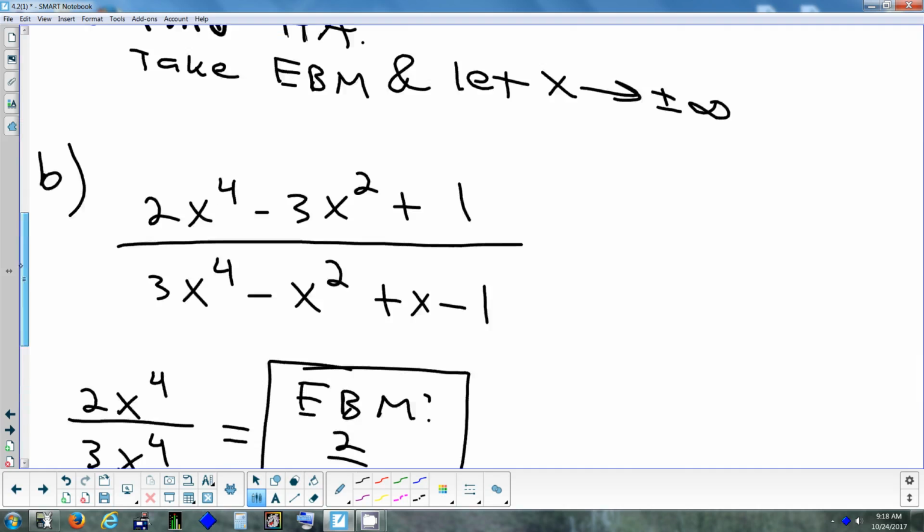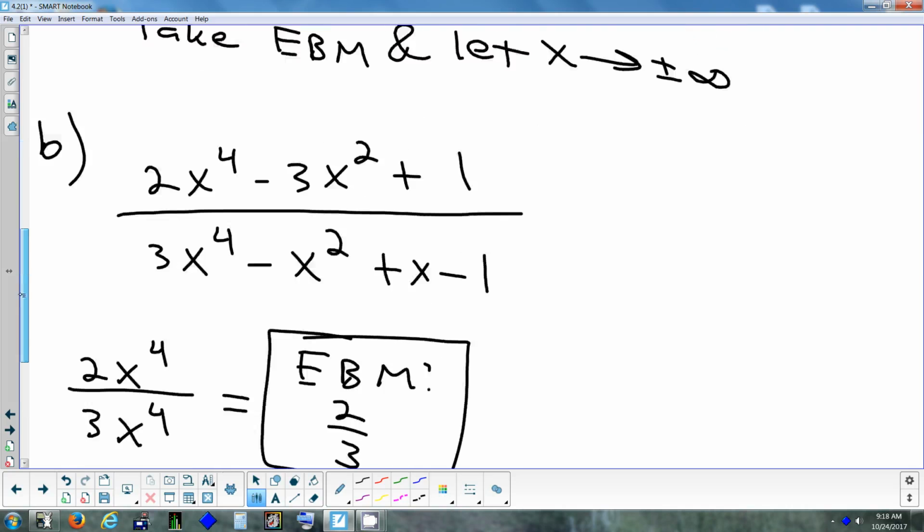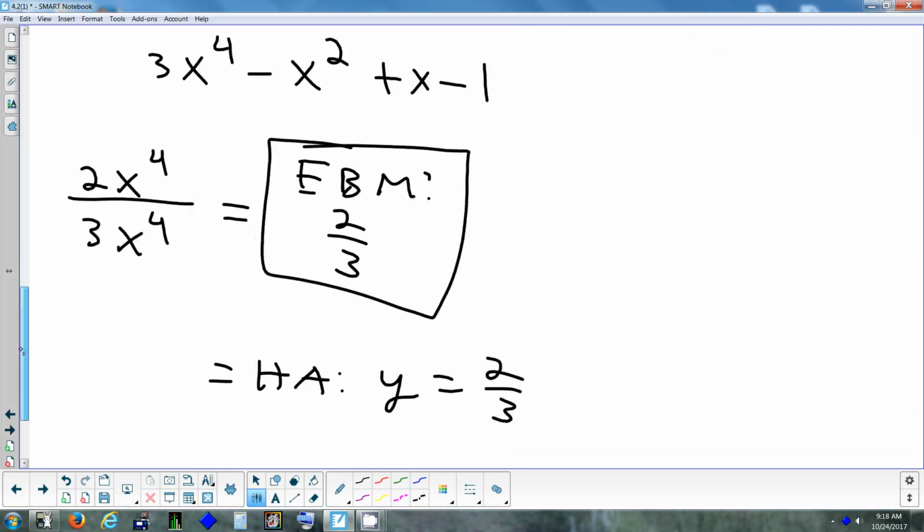A lot of times when your exponent in the bottom is bigger, you always get a horizontal asymptote at 0. When the exponent in the top is the same as the exponent in the bottom, then all the x's cancel out, and what you're left with is a constant for your end behavior model. That constant is your horizontal asymptote.